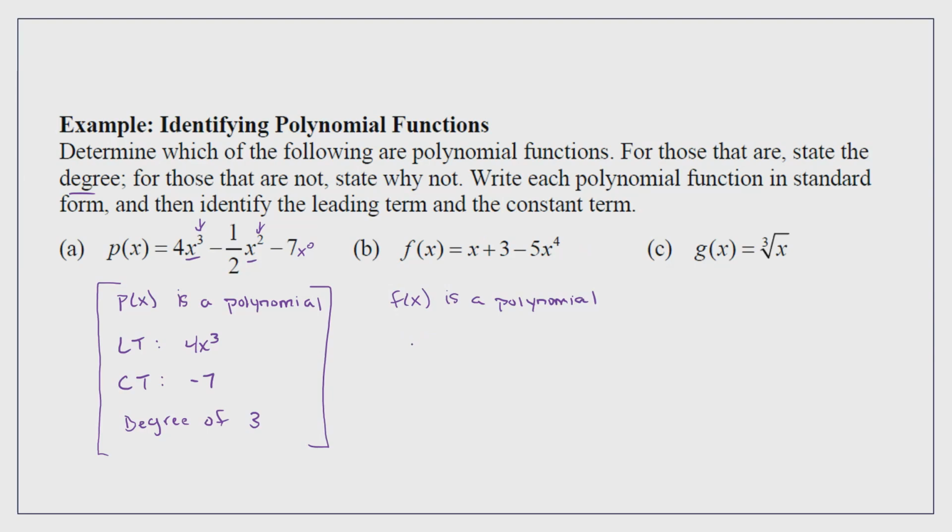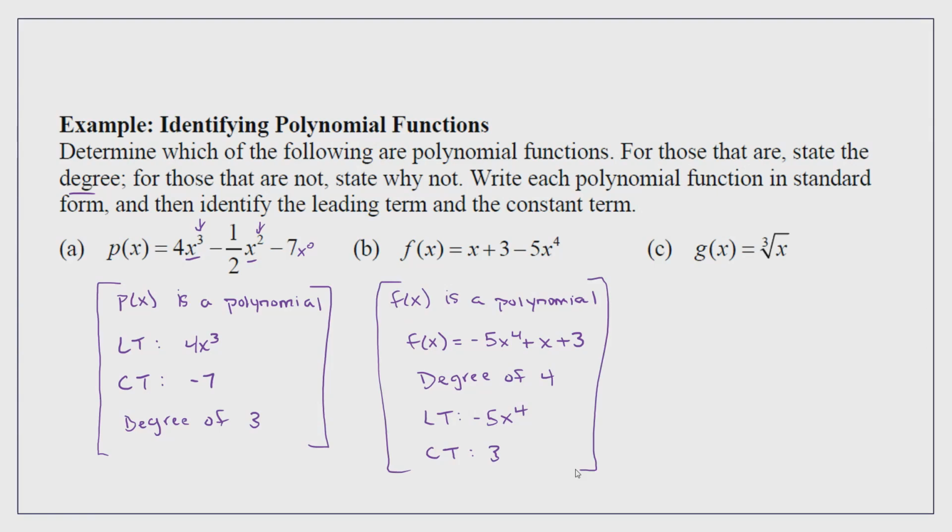So in standard form, f of x would be written as negative 5x to the 4th plus x plus 3. This now allows us to find the degree, find the leading term, and find the constant term. So this is going to have a degree of 4 because that is the highest power in our polynomial function. Our leading term is going to be negative 5x to the 4th, and our constant term is going to be 3.